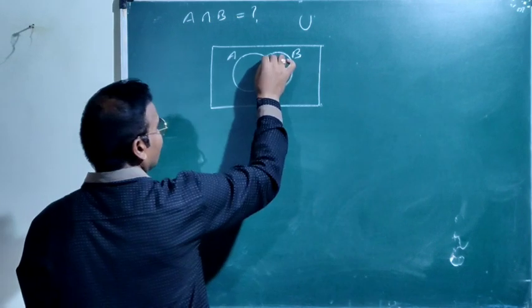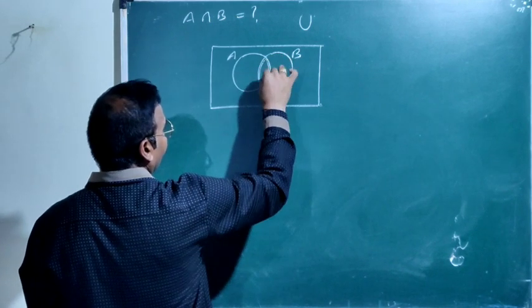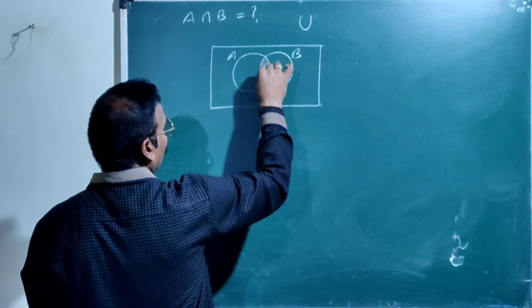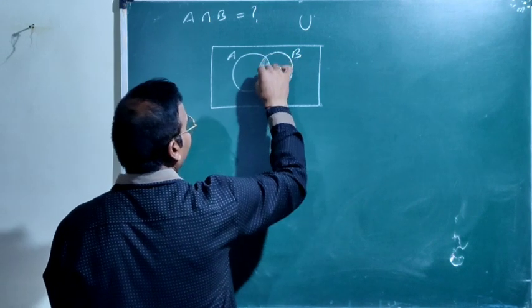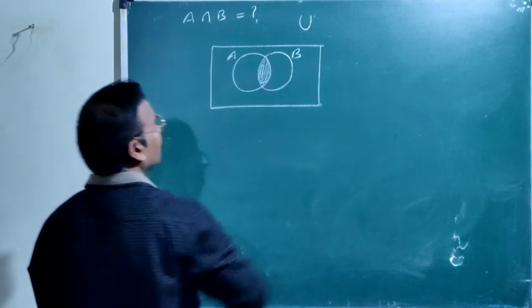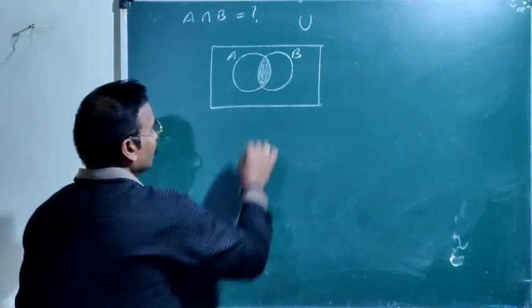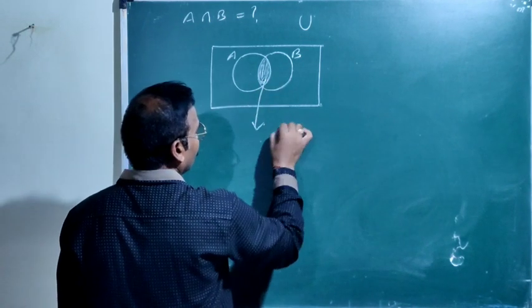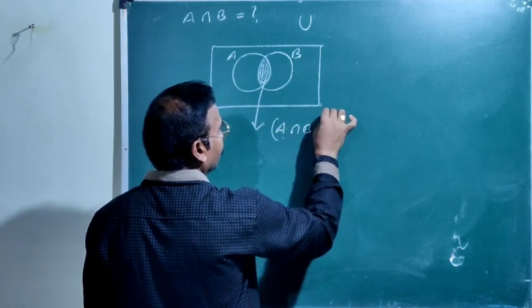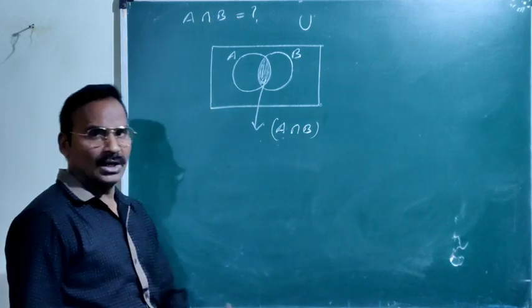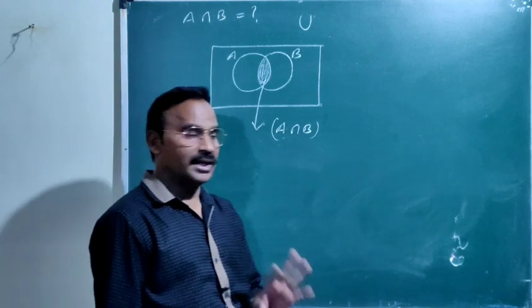This part is the common part, and we have to take the common elements of both sets. So this is the common area. This is called A intersection B only.